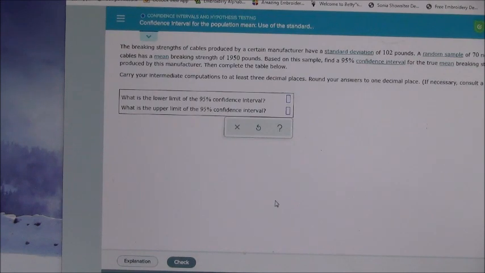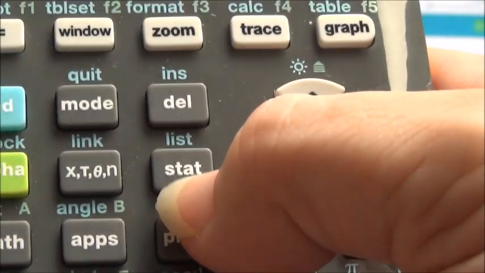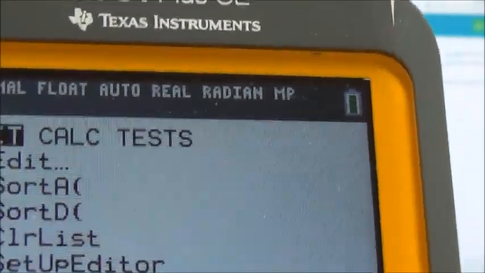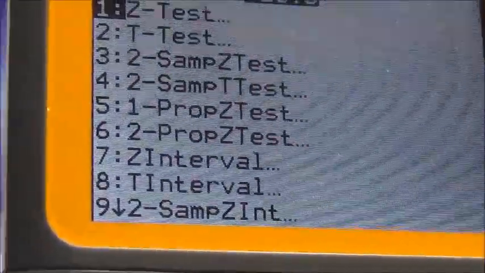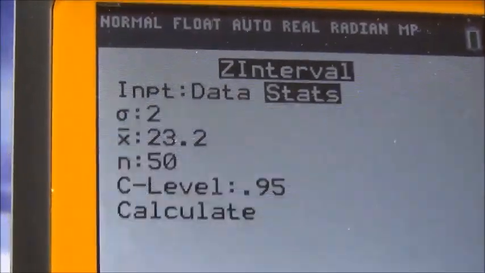If you want to double check your formula, again, you are going to hit the stat button. You're going to do the tests, so cursor over to tests. You're going to do the Z interval, so you're going to do number 7 to do your Z interval, and then make sure stats is highlighted. My standard deviation on this problem said my standard deviation was 102 pounds.